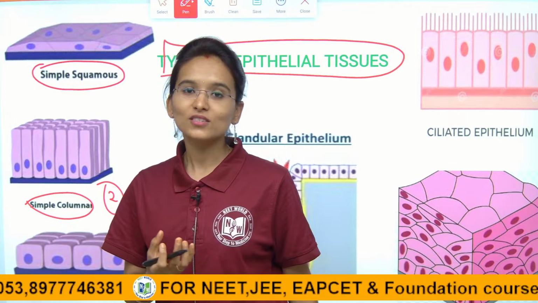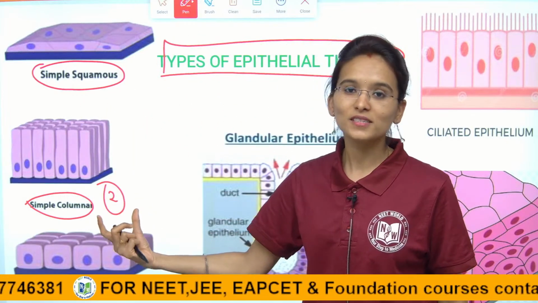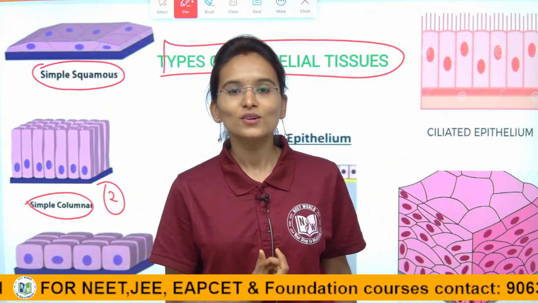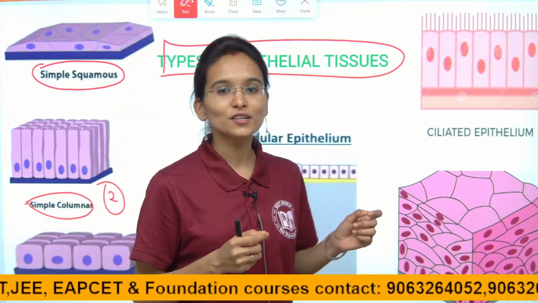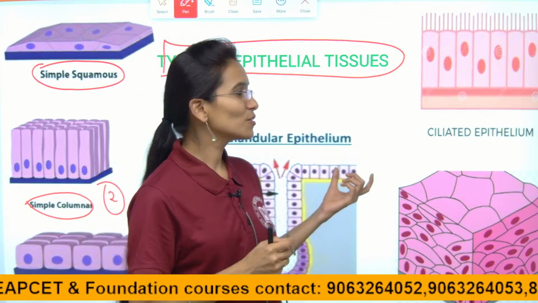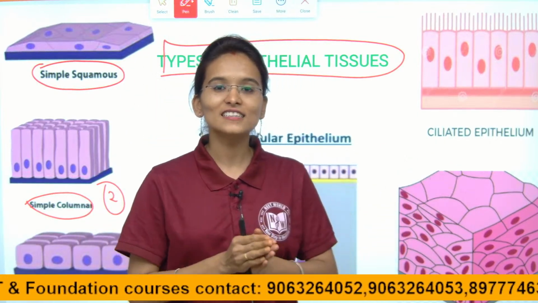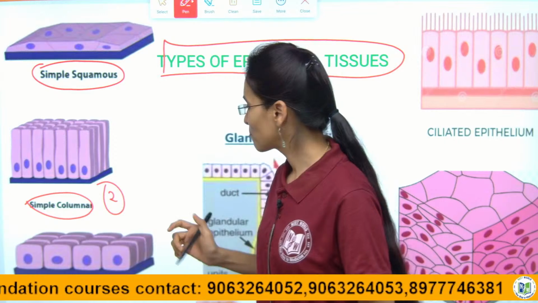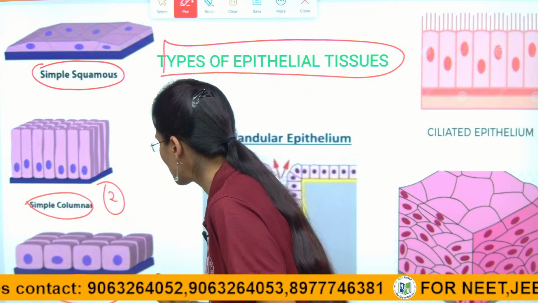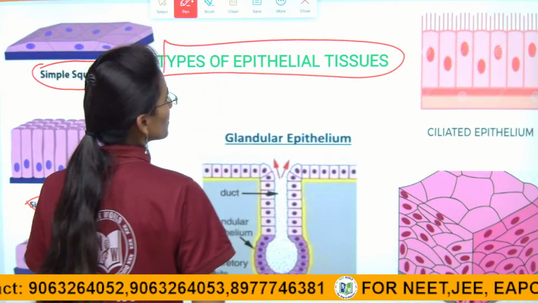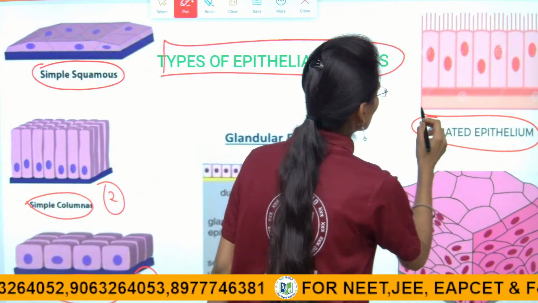Remember my students, by looking into the diagrams the answer becomes easy for you all. So, I request all of you to note down these diagrams and always try to remember the location first. When you can remember the location, then you can easily identify its function. And the next one is the cuboidal epithelium, simple cuboidal epithelium, and next the ciliated epithelium.